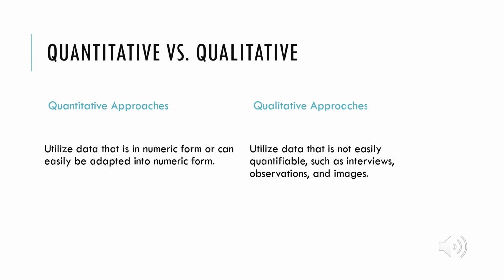The key takeaway for the purposes of this lecture is to understand the main difference between a quantitative versus a qualitative approach. A quantitative approach is most associated with survey research.